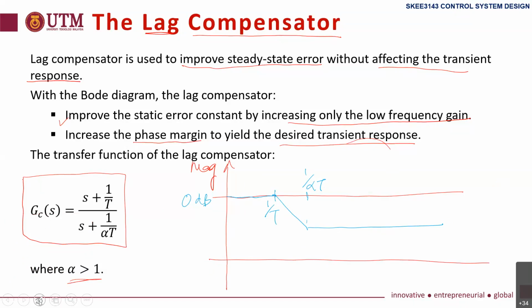The phase will be something like this, which is here minus 90 degrees. This is 0 degrees. 1 over T is here, 1 over alpha T is here. It is 45 degrees, minus 45 degrees.